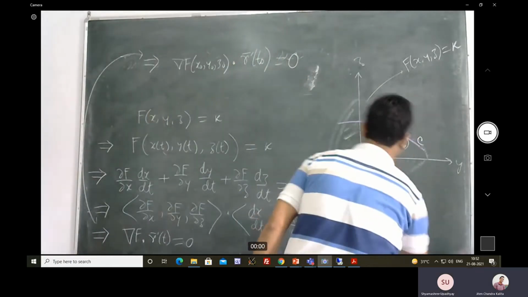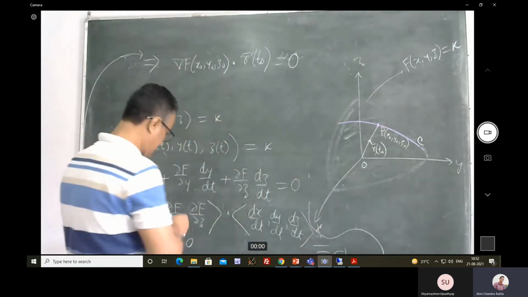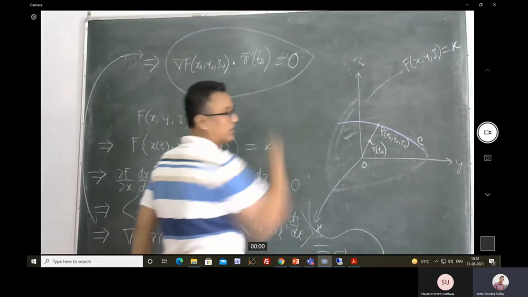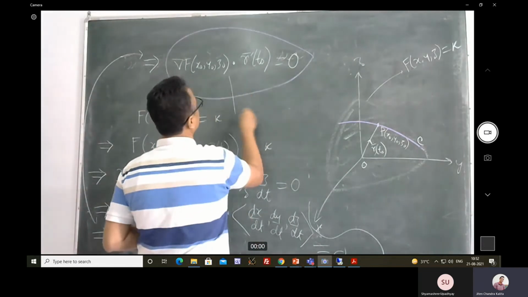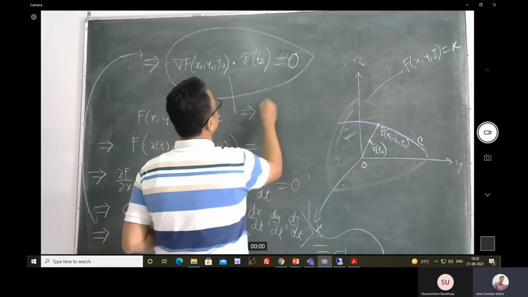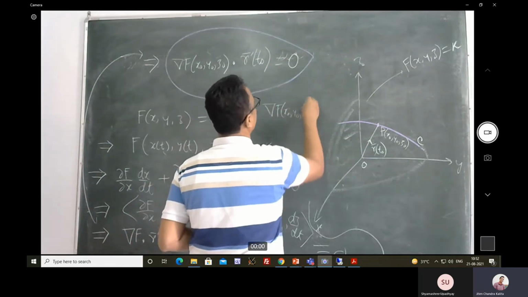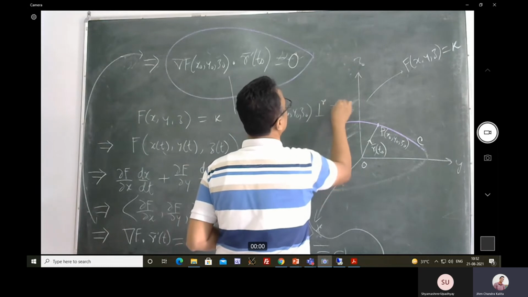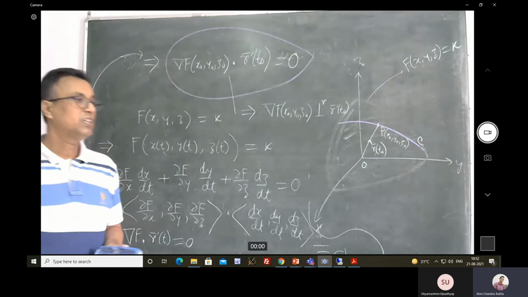Fine? Okay. Now this has a lot of significance. What does it tell you? This tells you that grad f at the point x naught, y naught, z naught is perpendicular to r prime t naught.